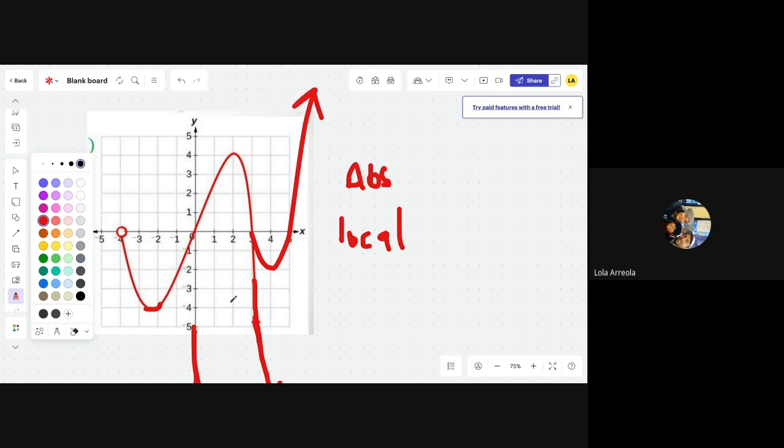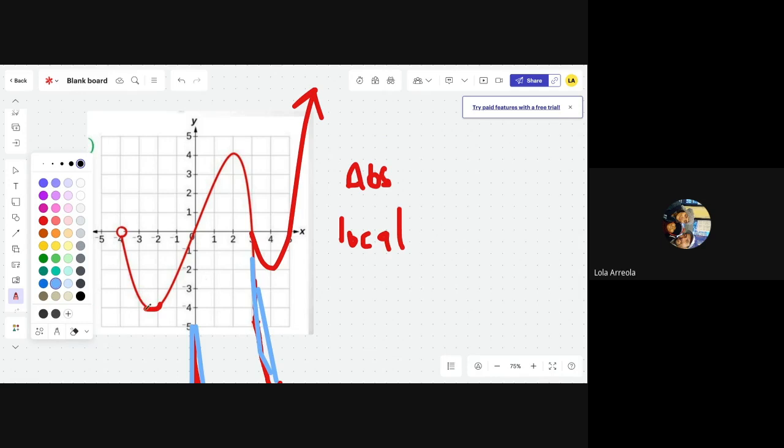Make sense? So let's ignore everything in blue right now. Let's just pretend I didn't write anything down, and that this was my graph instead. Ignore the blue. Now, would this be a local max or a local min?